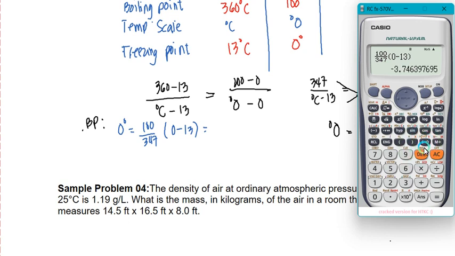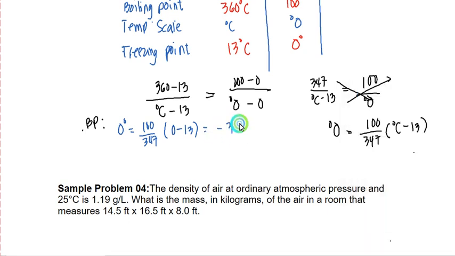So, aton answer is equals to negative 3.75 degree oleic. Negative 3.75 degree oleic. Okay, this is freezing point ha, kay 0 degree ating gingamit. So this is freezing point.